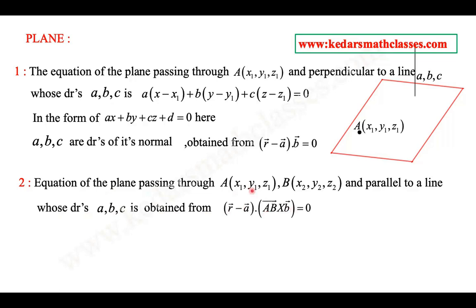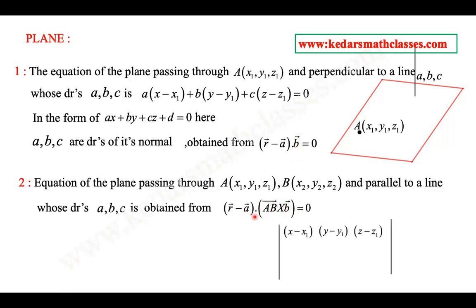A is the point A, B is the point B. So vector AB is on that plane, means parallel to that plane. b is also parallel to that plane. Then AB cross b will be perpendicular to that plane. Therefore, this AB cross b will work as a normal to that plane, passing through A and perpendicular to AB cross b. Means in this equation, the role of b is played by AB cross b.